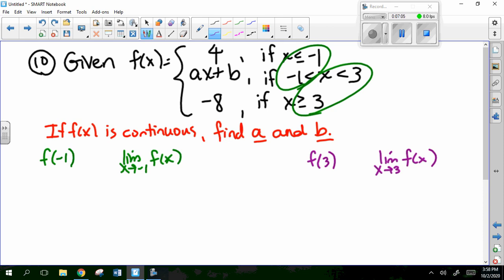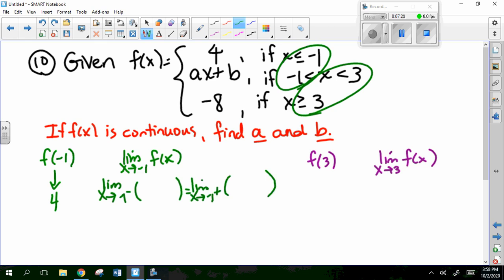All right, so I'm going to come back over here to f of -1. -1 is allowed to equal x in the top line, so this answer is just 4 and I'm done. But to take the limit, because the piecewise changes at -1, I do have to check the left and the right of -1.